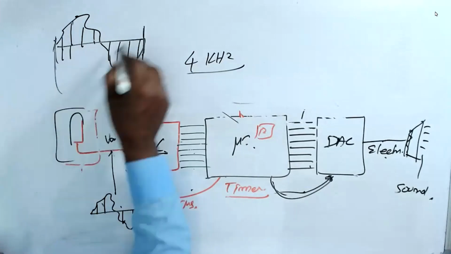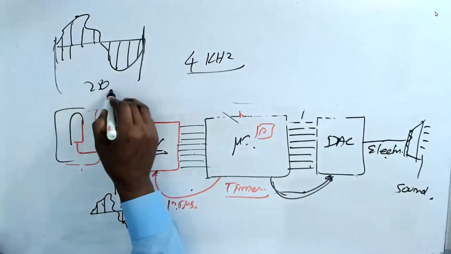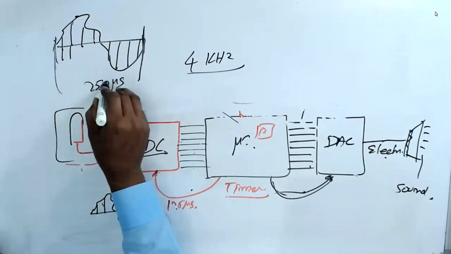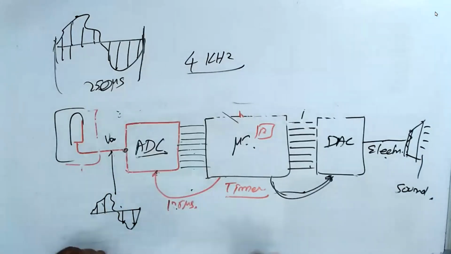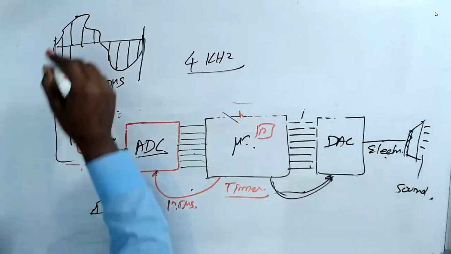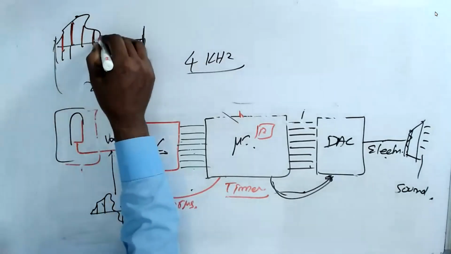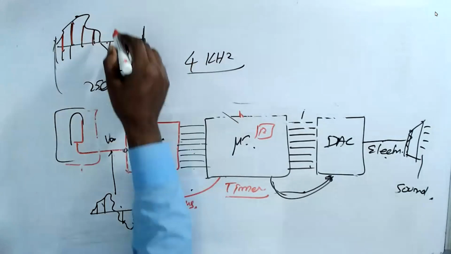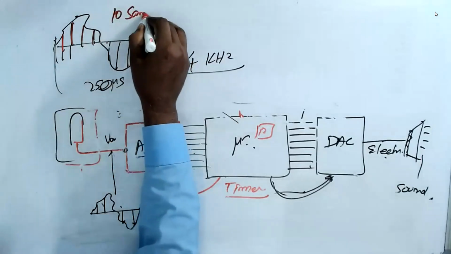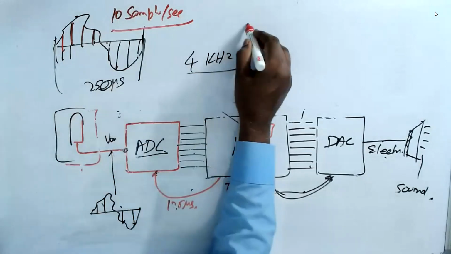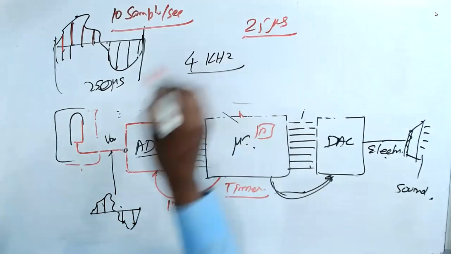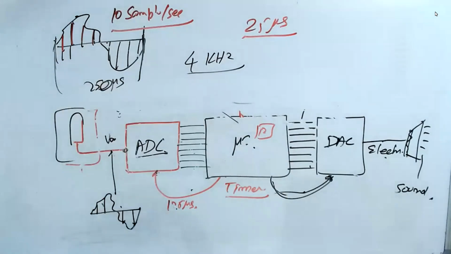So this one cycle is 250 microseconds, because 1 by 4 kilohertz is 250 microseconds. If you take 10 samples, then the time becomes 25 microseconds. You will get a very clear sound, much more clarity. Understand?